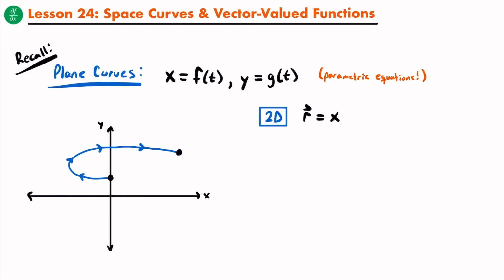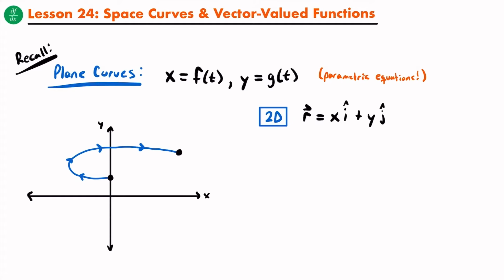We'd have x times the standard unit vector i plus y times the standard unit vector j. This is how we represent a vector in 2 dimensions. In particular, a position vector, meaning a vector whose initial point is the origin, right? It starts at the origin, and the vector ends at a terminal point determined by the x and y components of the vector. All right, so essentially x and y give you the coordinates of the terminal point for the vector.